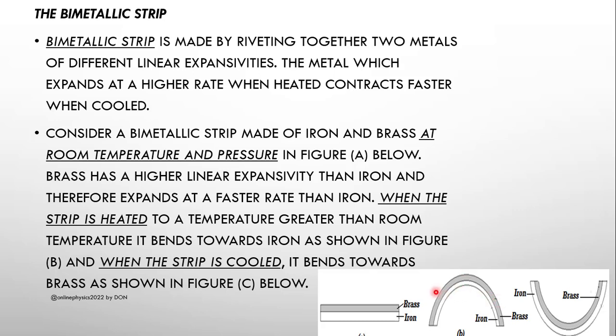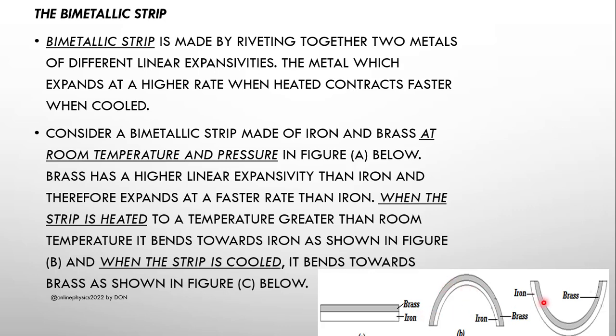In that case, it will be longer. Therefore, this bimetallic strip will curve towards the metal with the lower expansivity, which is iron. So it will curve in that way and brass will be on the outside.